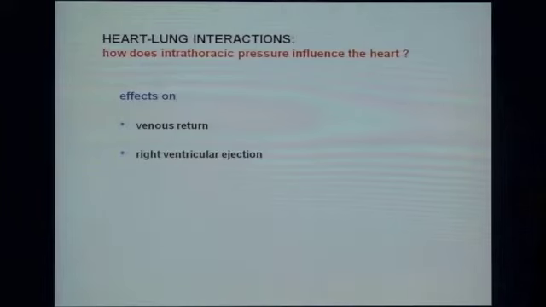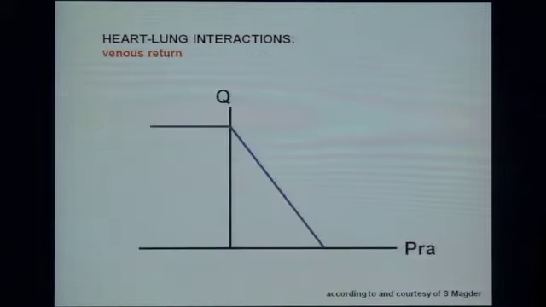So which influences should we consider? Clearly, venous return, the right ventricular ejection, left ventricular filling, left ventricular ejection, and if you put it together like Guyton used to do, we would start with the venous return. Venous return is dependent on the right atrial pressure and the systemic circulation filling pressure.